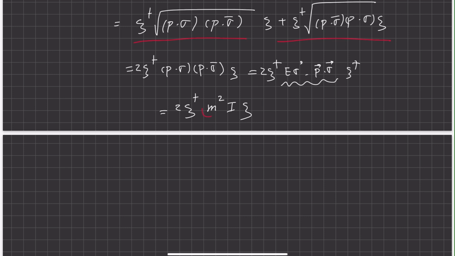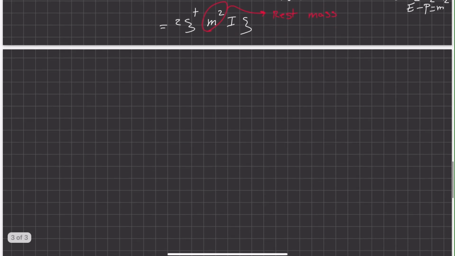Now we have the rest mass here, and this rest mass is invariant under the Lorentz transformation. That's why we need this gamma 0 to flip that order to create these terms, p dot sigma times p dot sigma bar, because this is going to make E squared minus p squared equal to m squared. Okay, so that's the reason.